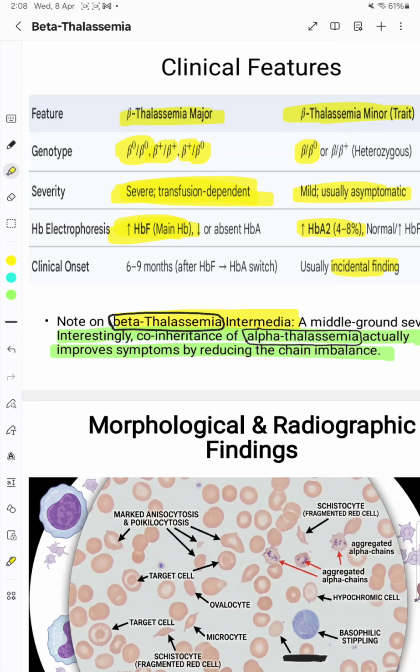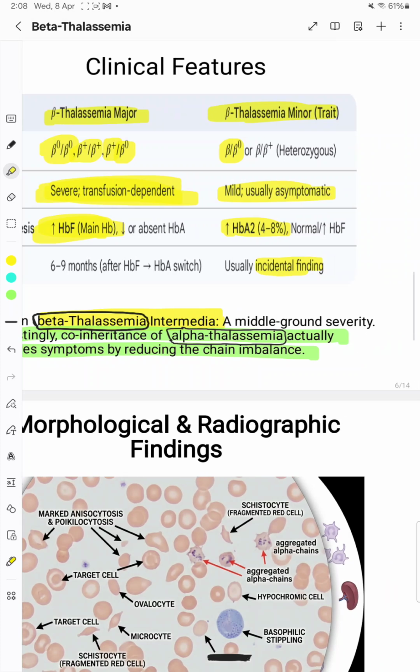The primary hemoglobin is HbF in beta thalassemia major, but in beta thalassemia minor, HbA2 is seen in the range of 4 to 8% with normal or slightly increased HbF.